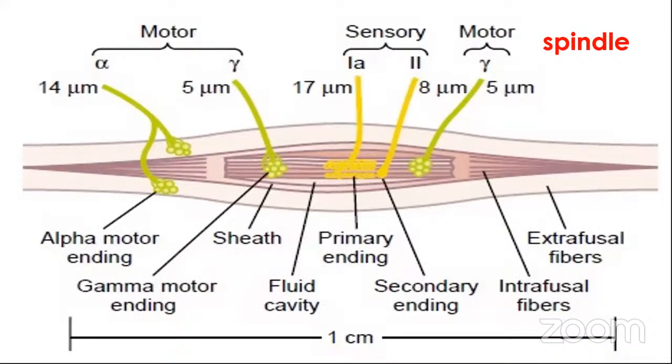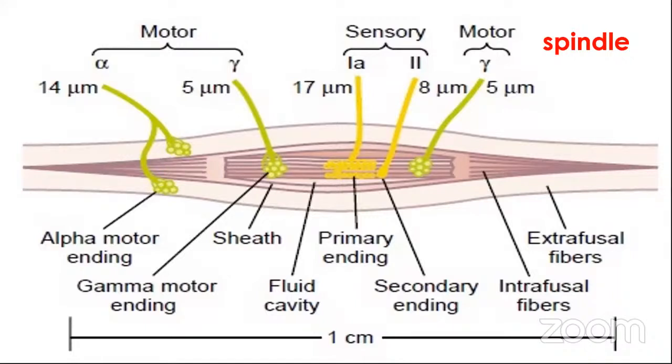Here you can see the spindle, also called muscle spindle. The spindle is located in the central part of the muscle. The outer portion of the spindle is covered by extrafusal muscle fibers. So you can see the intrafusal fibers and extrafusal fibers.